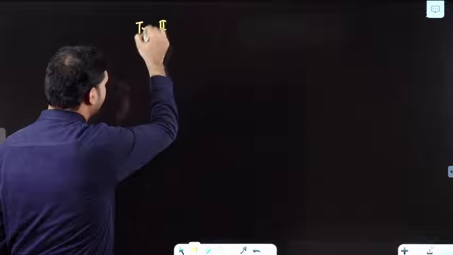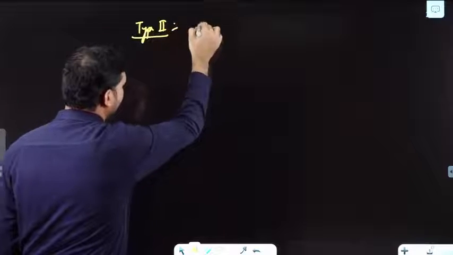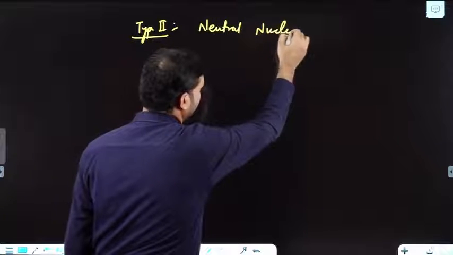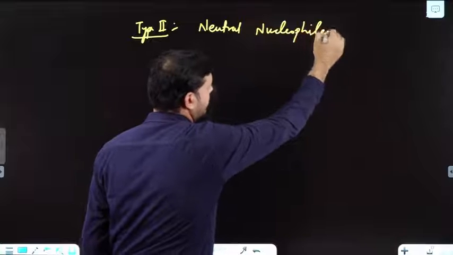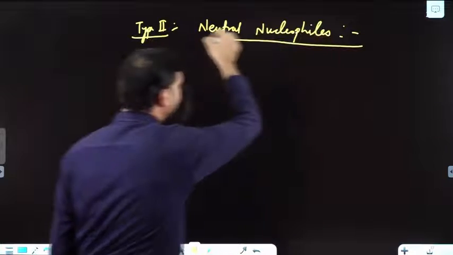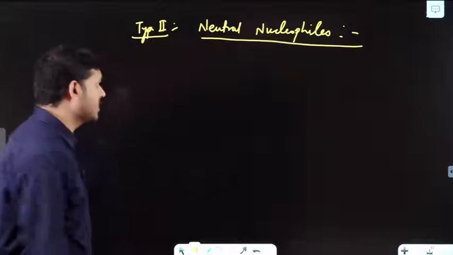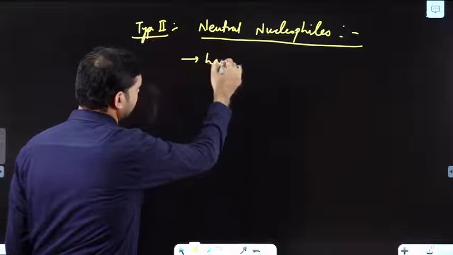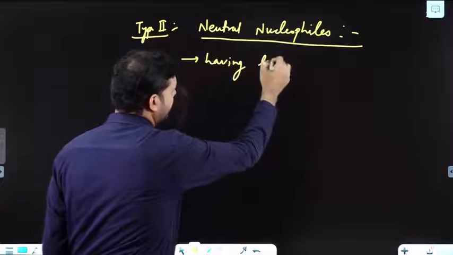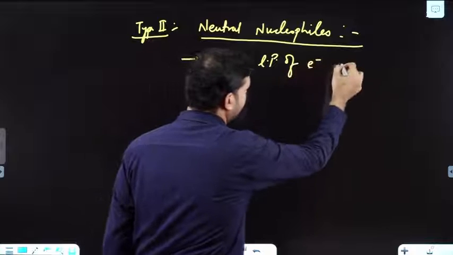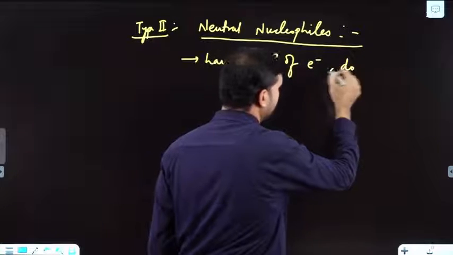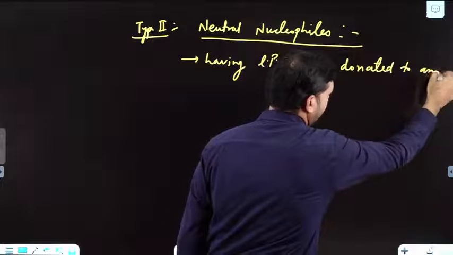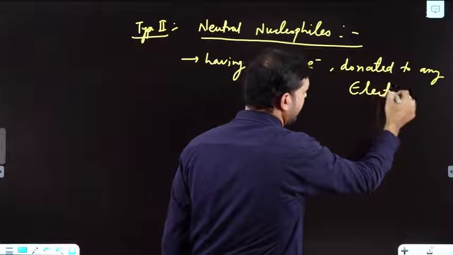Second type, type 2. Neutral nucleophiles. Okay. Now what are neutral nucleophiles? They are having lone pairs. Having lone pair of electrons donated to any electrophile.